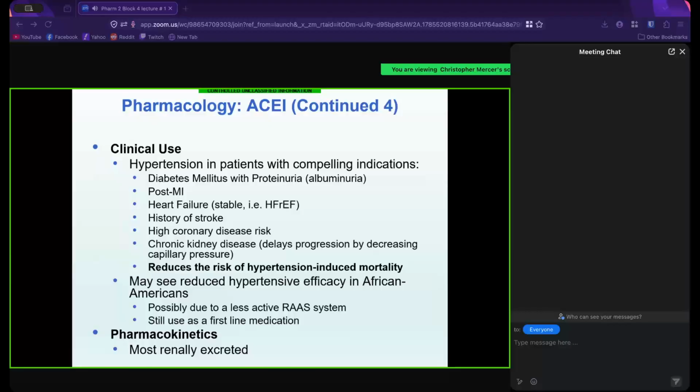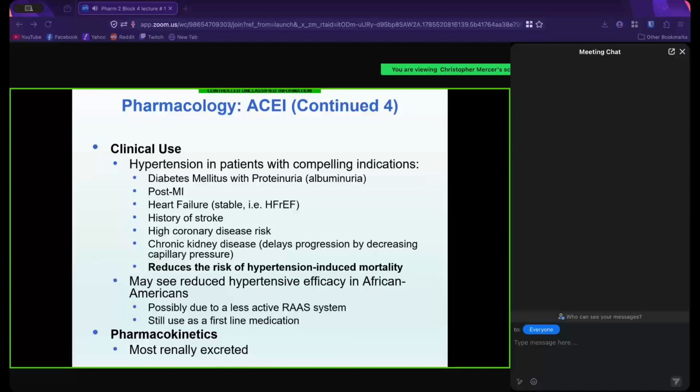So we said the ACEs were good for chronic renal disease. They are, but guess what we have to do? Just like with all medications pretty much, labs and monitor, right? And look out for those adverse effects.